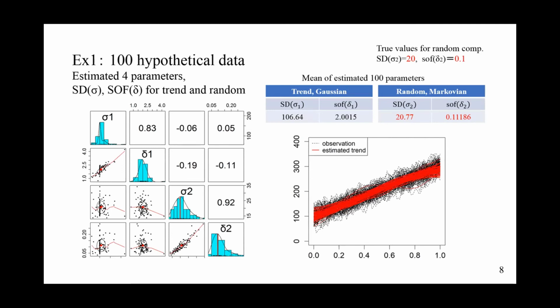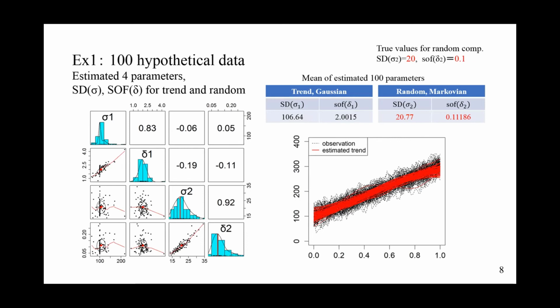This is the result. There are 4 parameters to be identified: standard deviation and scale of fluctuation of the trend component, shown as histograms, and standard deviation and SOF of the random component, shown as scatter plots. There are 100 sets of estimated parameters, so I estimated the mean values of them.